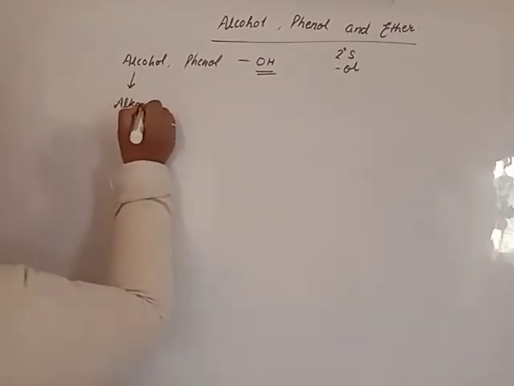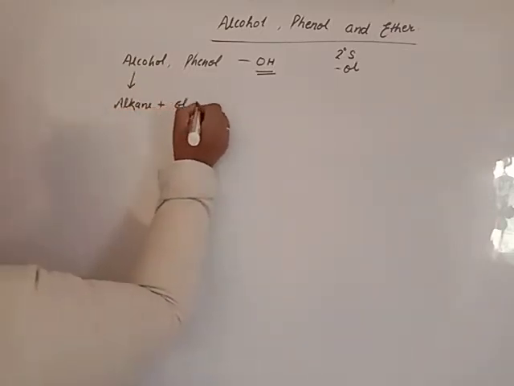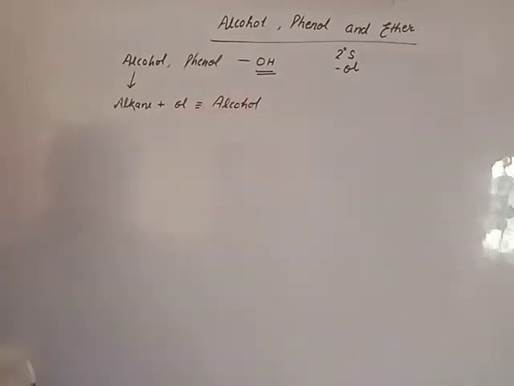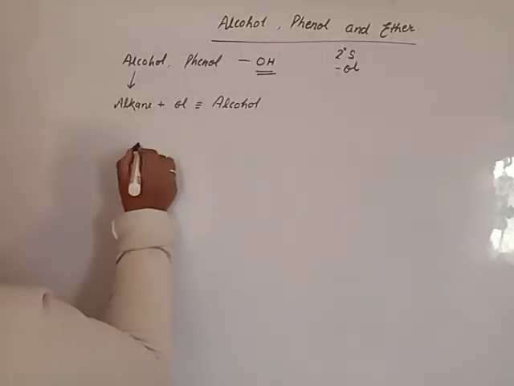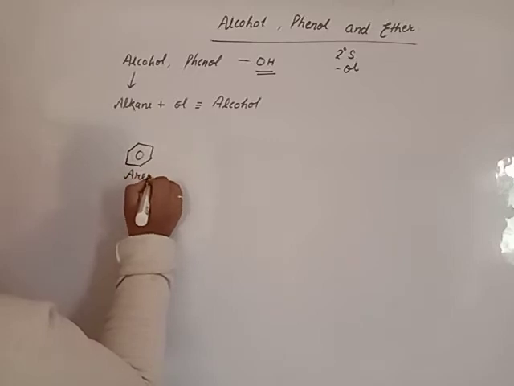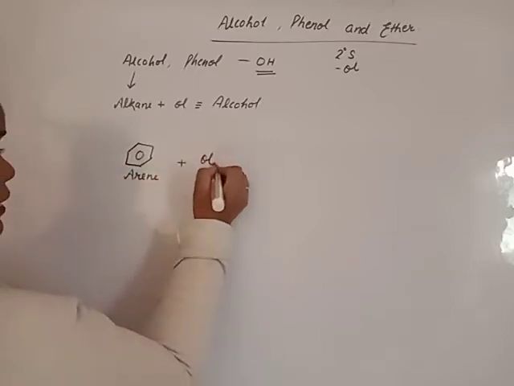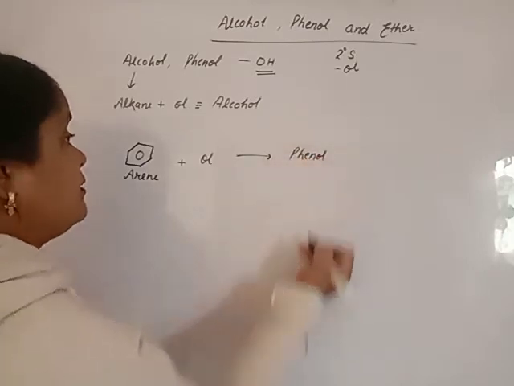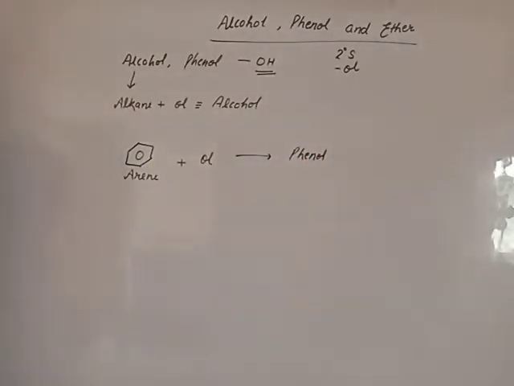Alkane plus ol is alcohol. That means the aliphatic part is alcohol, and phenol is the aromatic part. Arene plus ol is phenol. Aromatic alcohols are phenols, aliphatic alcohols are alcohols.